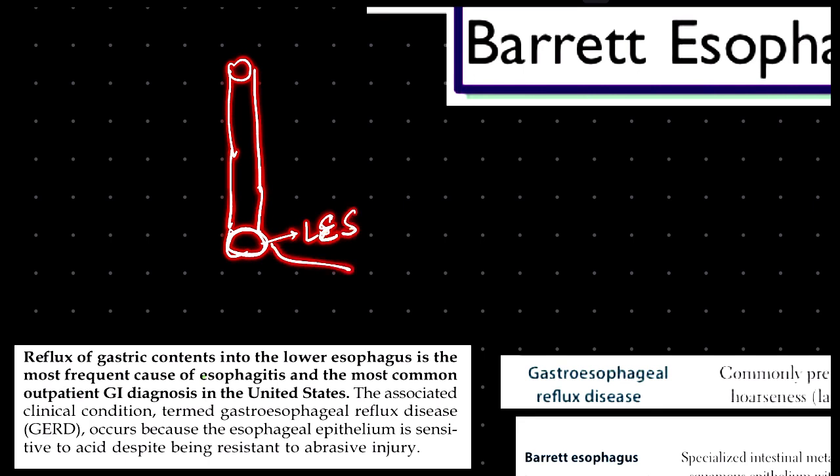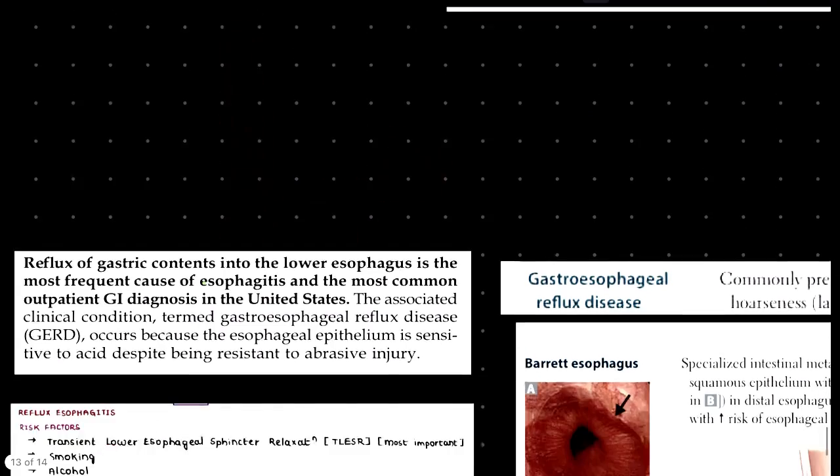This sphincter will cause reflux of gastric content into the esophagus, and gastric content is rich in HCl. As it goes up, the epithelium of the esophagus, which is acid sensitive, will be injured by the HCl. It will cause inflammation in the esophagus, and that is what we call esophagitis. That's all.